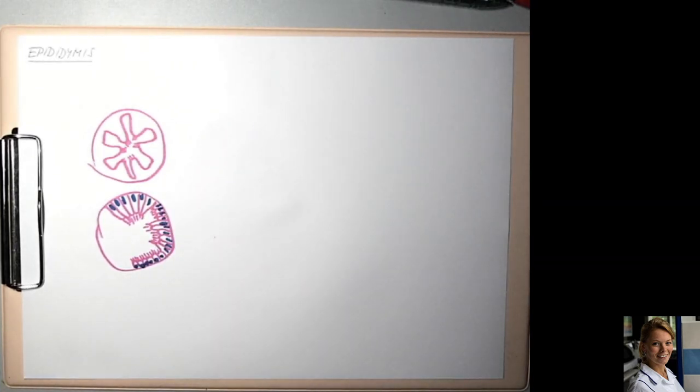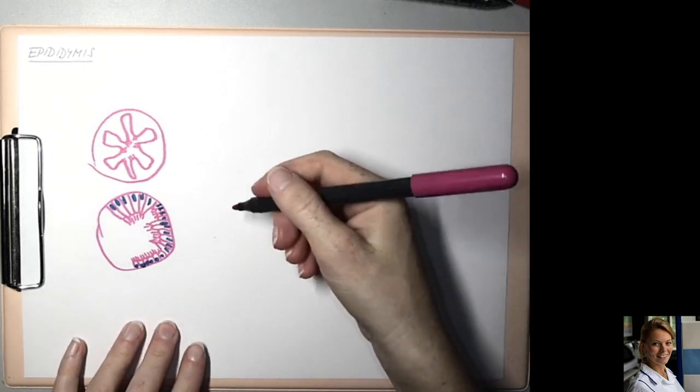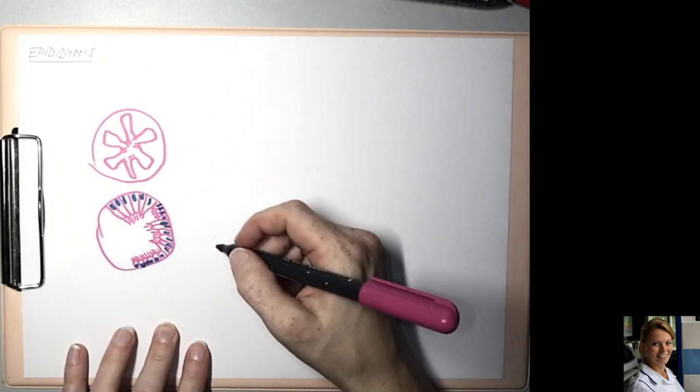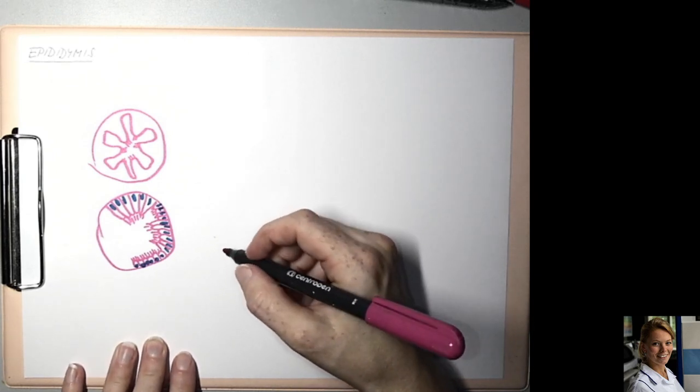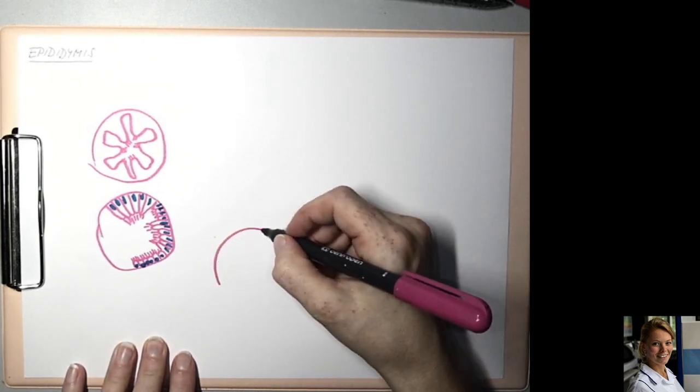So this is the head of the epididymis, but the body of the epididymis is formed by one long duct of the epididymis with multiple convolutions, called ductus epididymidis. It's lined with pseudostratified columnar epithelium with nuclei arranged usually in two levels.